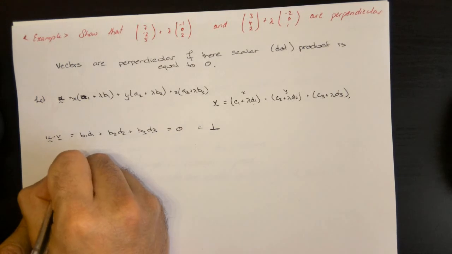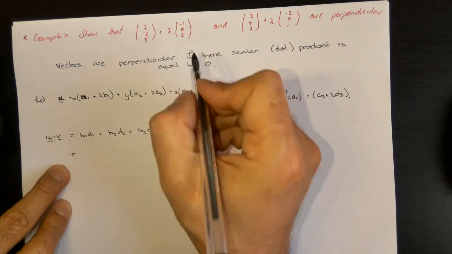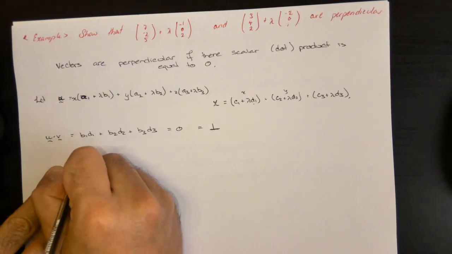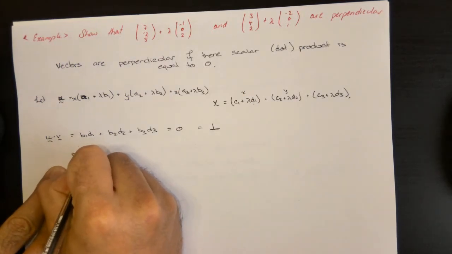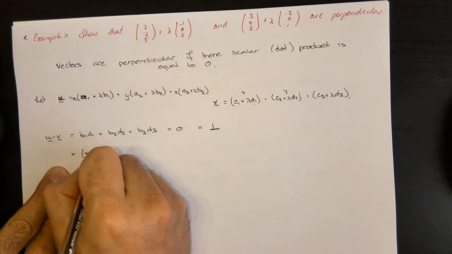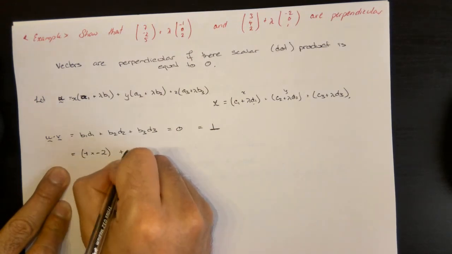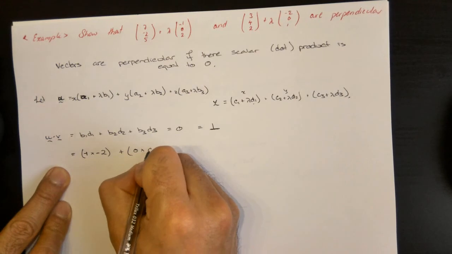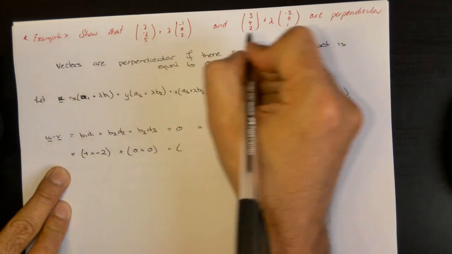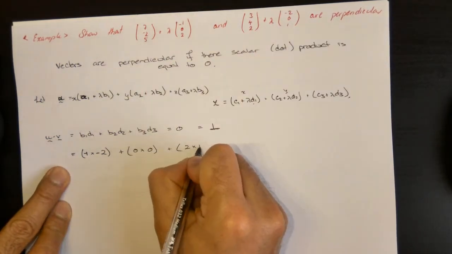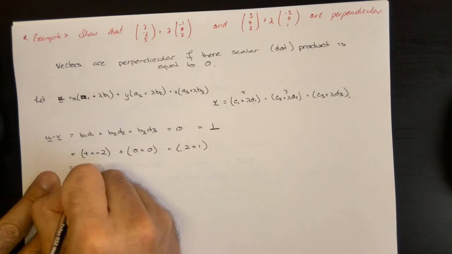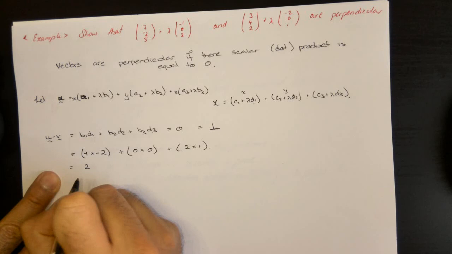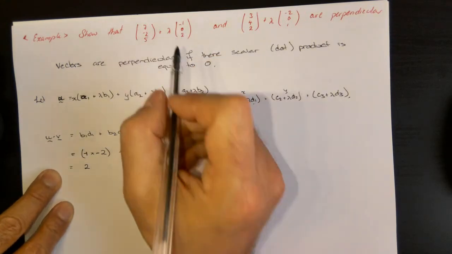Okay. So let us try. So we have -1 times -2 plus 0 times 0 plus 2 times 1. And that will give us, did I write this wrong?